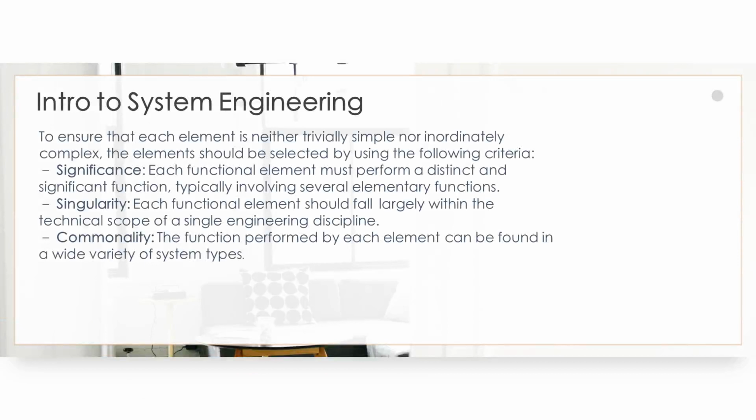Each functional element should fall largely within the technical scope of a single engineering discipline. The third one is commonality. The function performed by each element can be found in a wide variety of system types.